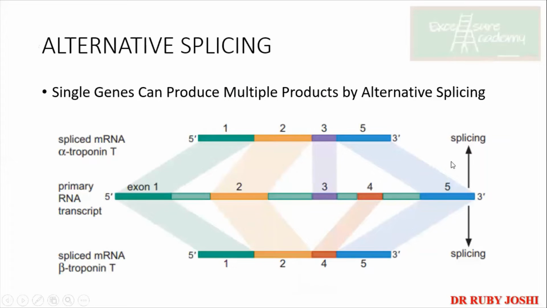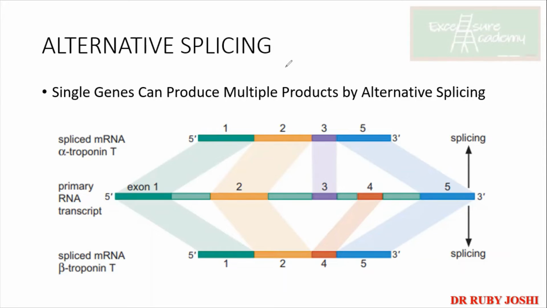Now let's come to the alternate splicing. Alternative splicing itself is telling you what kind of splicing it is going to result. So guys, if you remember, we have discussed this when we were studying about the RNA splicing.